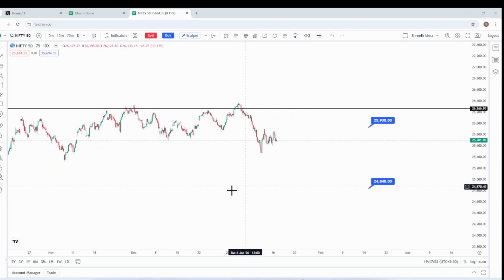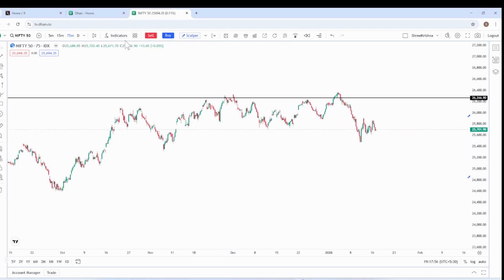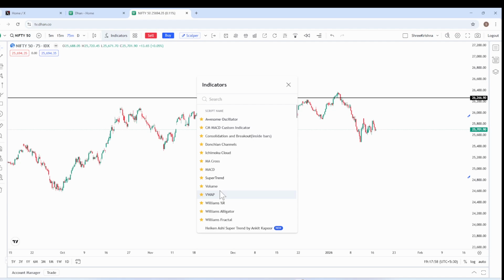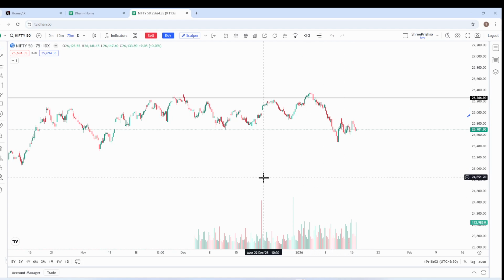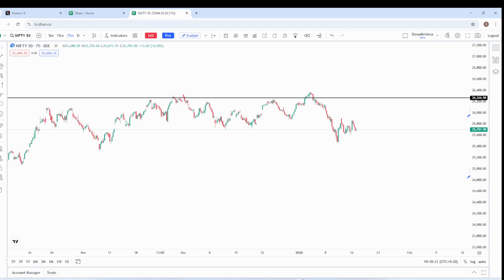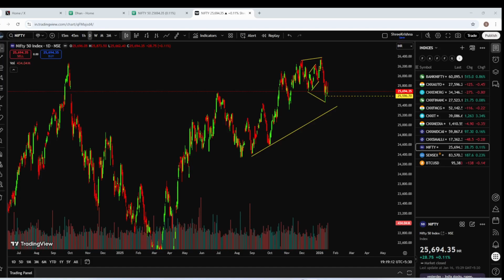If we do not get a huge volume in this, I will go to the volume now. Tell me, did you find a highest volume here? Yes, the answer is yes, but the previous volume is not there. One second, I will go to TradingView.